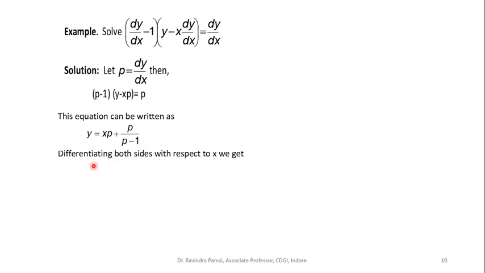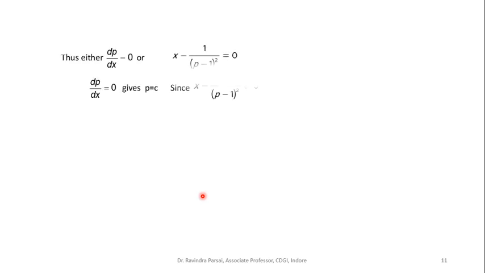On differentiating with respect to x, we get dp/dx times (x minus 1/(p minus 1)^2) equal to 0. Thus either dp/dx equal to 0 or x minus 1/(p minus 1)^2 equal to 0.